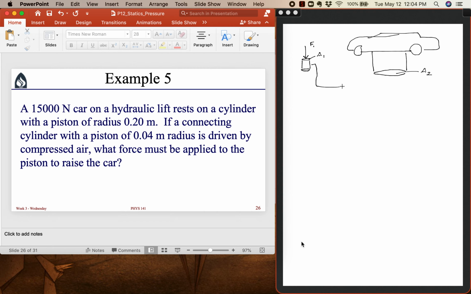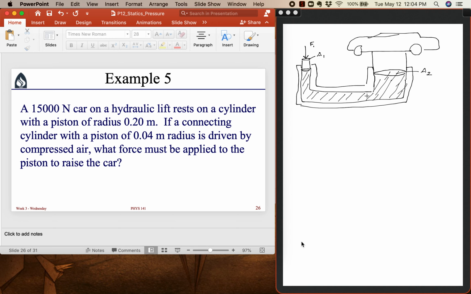So you have a channel of fluid. So here's one side of that channel, and then here is the other side. This channel is completely filled with some fluid. So there's all this fluid connecting the two cylinders.